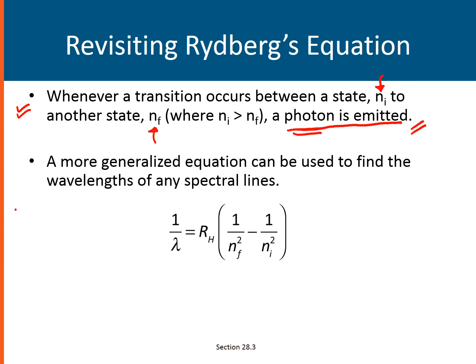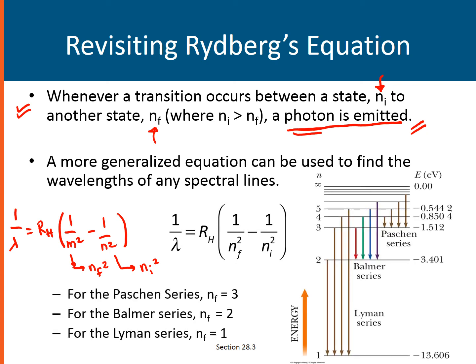This is actually very similar to the previous Rydberg equation, which is this, multiplied by 1 over m squared minus 1 over n squared. It's just that our m here is the n final, or the final energy level, and then the n here is the initial energy level.